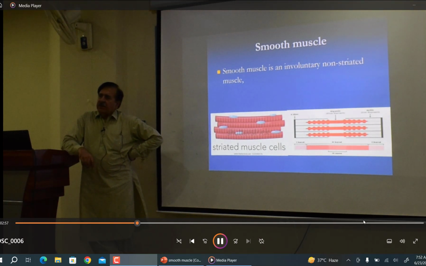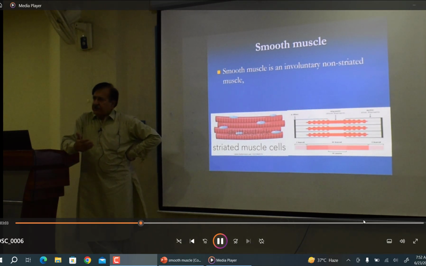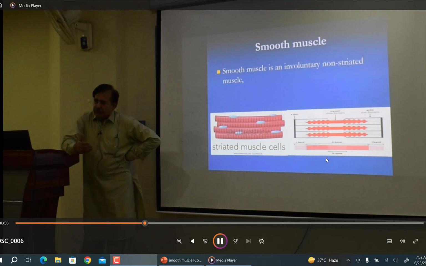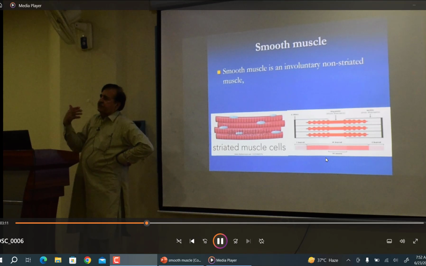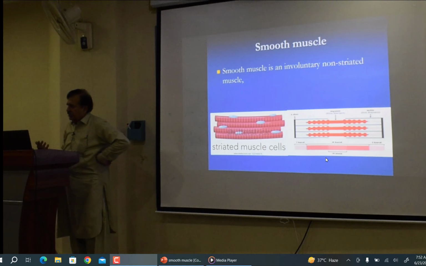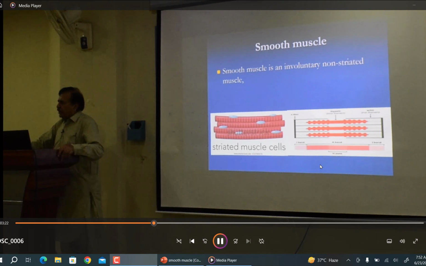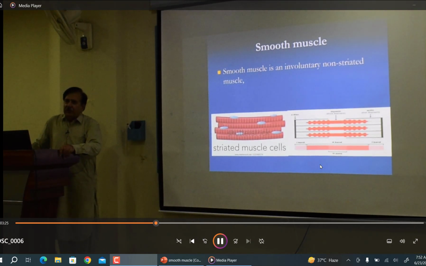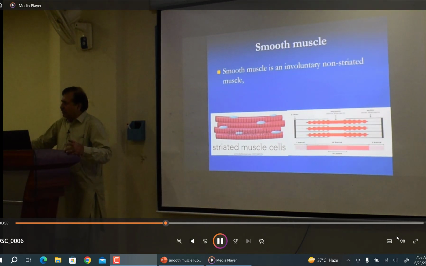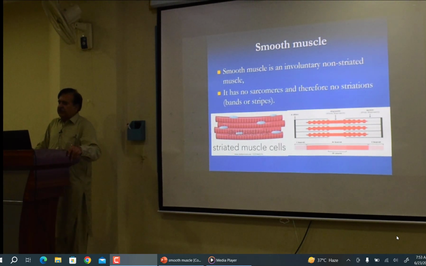Skeletal muscles we can move voluntarily, as their movements are under our control, but the movements of smooth muscles are not under our control, like in the digestive system, respiratory system, and urinary system. Once these muscles are activated, we can't stop their movement.